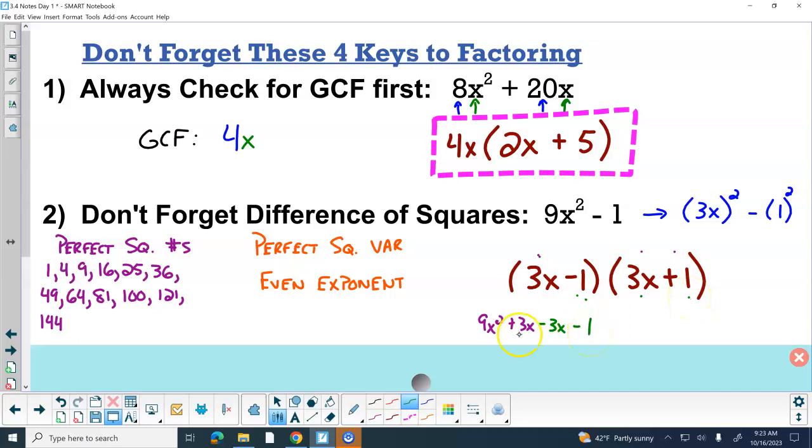What happens? Positive 3x minus 3x. They cancel each other out, leaving me with 9x squared minus 1. Questions on that? Okay.